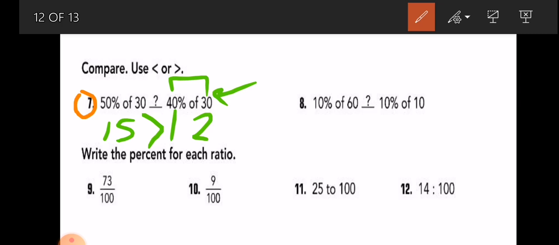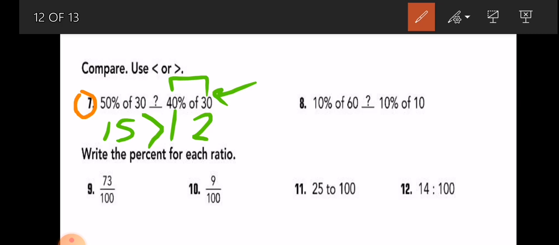But if I'm comparing percents of the same number, then while the percent gets bigger, my answer gets bigger. Yes, as in the example of downloading. When downloading 90%, 20%, 60%, which one is greater? Sure, the 90%. So for 50% of 30 and 40% of 30, I will just watch the percentage and compare. Let's see here.